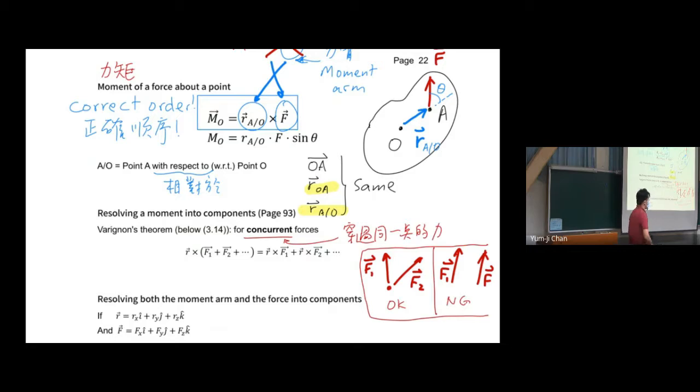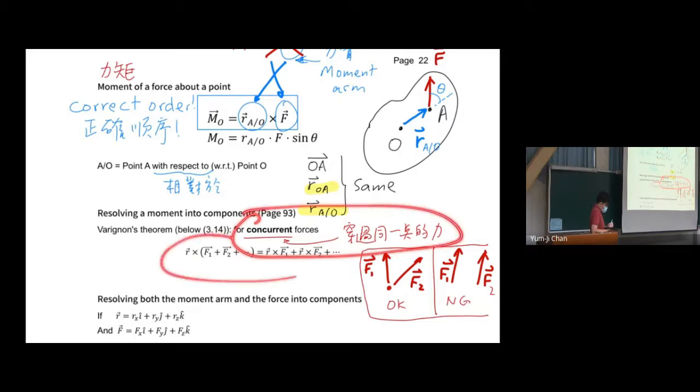Just a quick reminder. Of course, for these two forces, we can't write the same moment of it. But for this equation to work, the forces have to meet this condition.